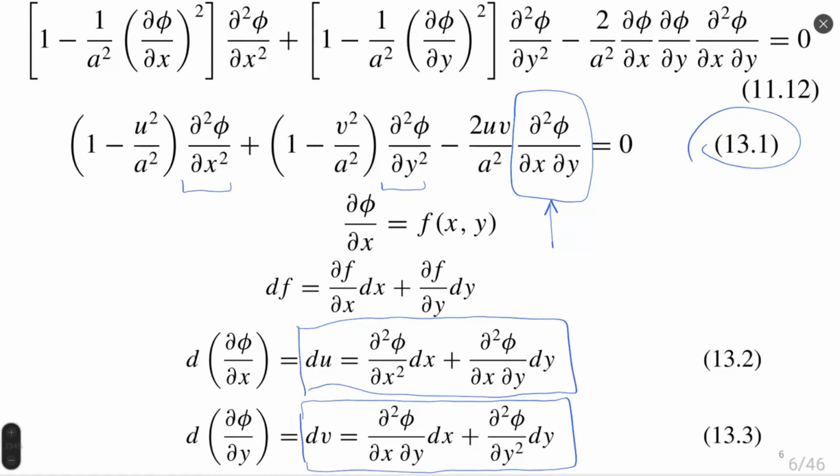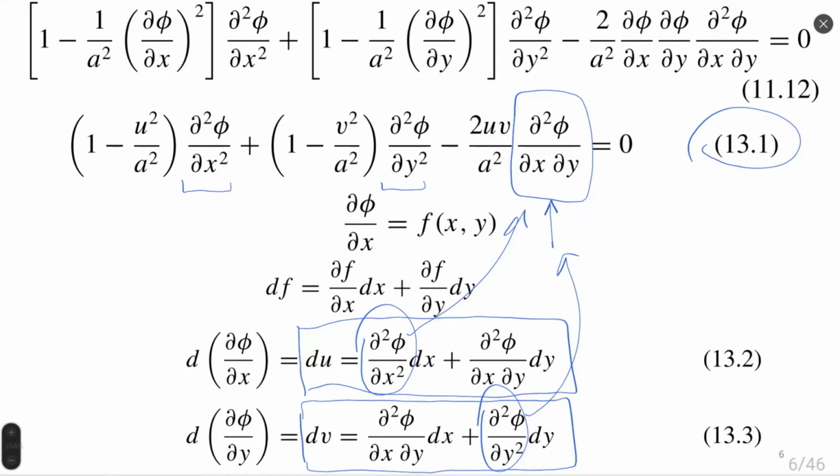What is important is that in equations 2 and 3 we have second derivatives which can be applied in equation 1. Once we substitute second derivatives from equations 2 and 3 inside equation 1, we obtain equation 1 in terms of just the mixed derivative.